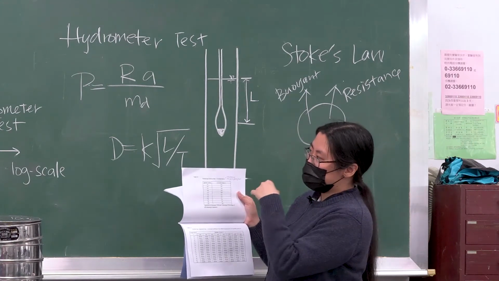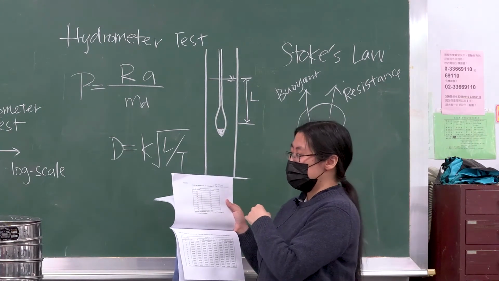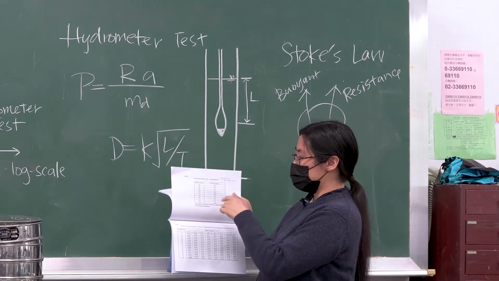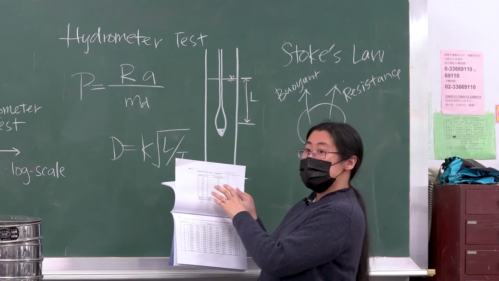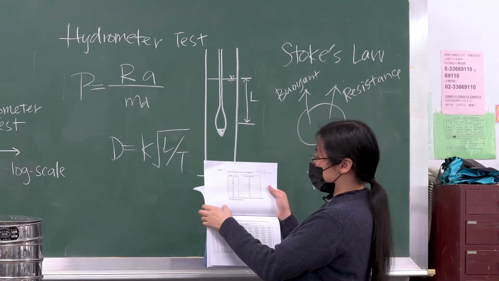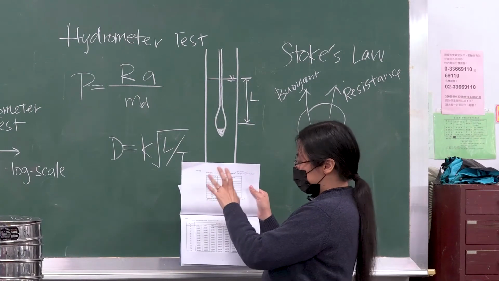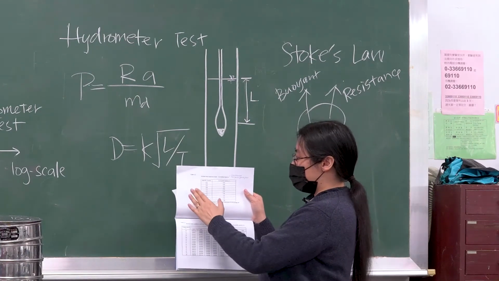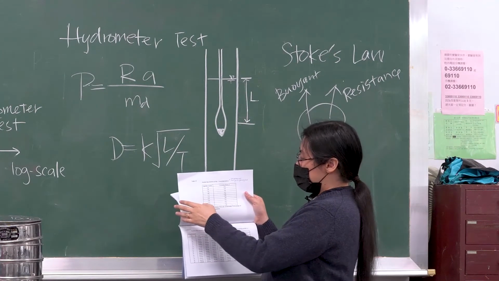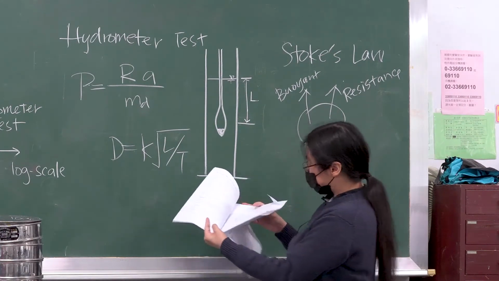So that's why the second part of this class is to determine the specific gravity of soil, such that you will be able to use this table to figure out the appropriate correction factor A. Like I said, we will go over how to determine specific gravity in the second part of this lab.